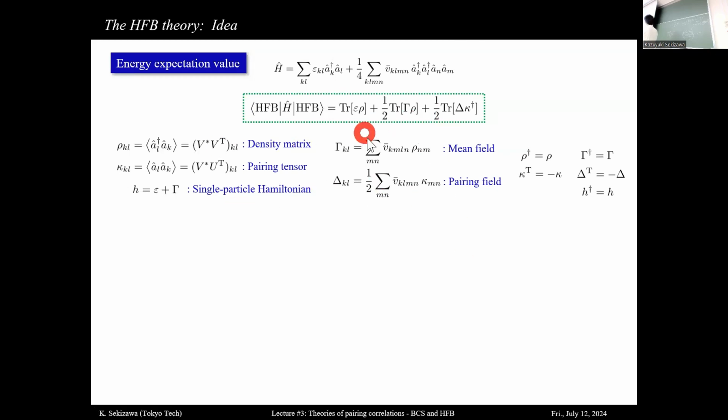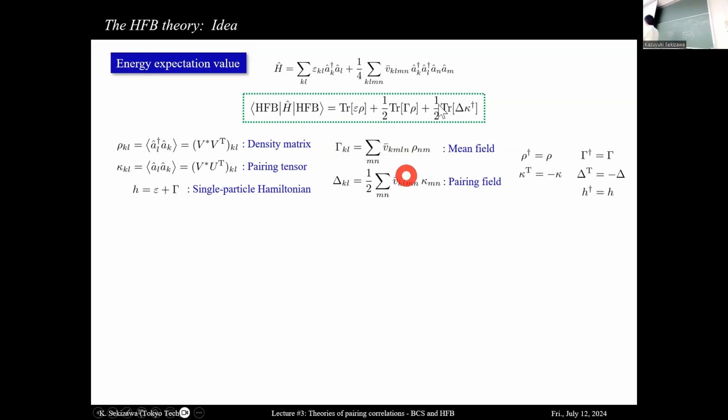But in this case, we have this gamma, which is similar to the Hartree-Fock potential. This is a mean field. It has the meaning of the mean field potential. And also delta. Delta is related to the pairing gap. But importantly, in this case, both the mean field and delta are determined by the interaction itself.